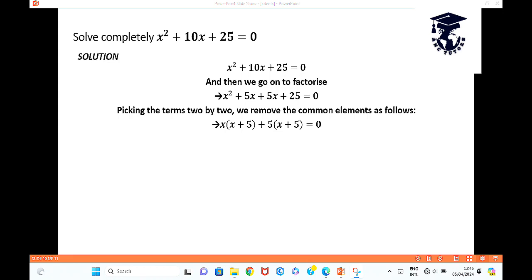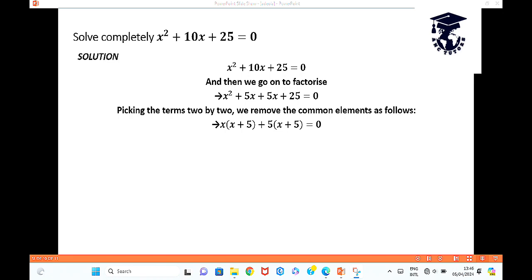Moving on to the last two terms, we have 5x plus 25. 5 is common between these two. When we remove 5 from 5x, we are left with x, and when we remove 5 from 25, we are left with plus 5, because 5 times 5 is equal to 25.